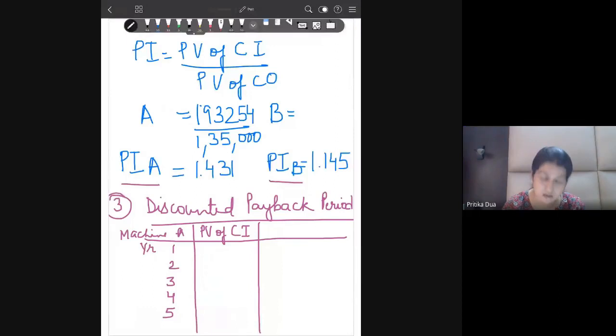One of you please give the values for cash inflows, the present value of cash inflows at 16%. जो आपने एनपीवी में कैलकुलेट करी है प्रेजेंट वैल्यू, प्लीज शेयर द अमाउंट. फर्स्ट ईयर का तो जीरो ही होगा, आई थिंक फर्स्ट मशीन वन में तो जीरो ही था. फॉर सेकेंड ईयर व्हाट इज द प्रेजेंट वैल्यू?